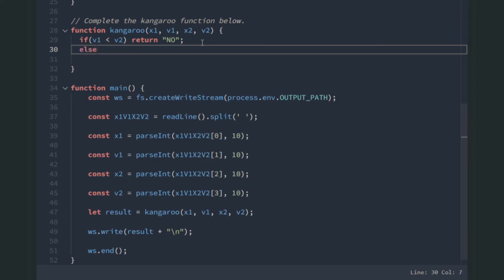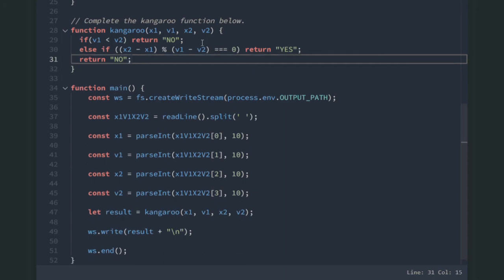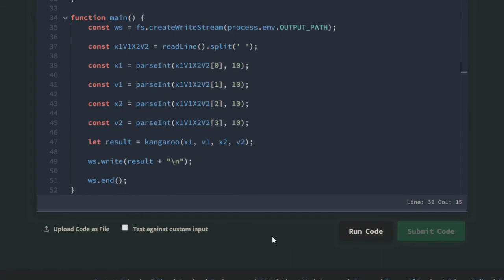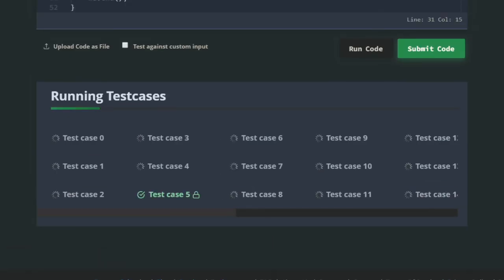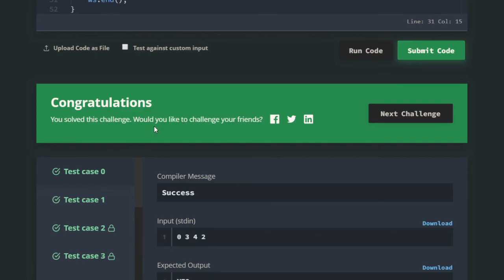So else if it equals 0, return yes. Is it all capitals? Yes. And if neither of them gets executed, I will just come here and return no. So by default, they won't match. That's it. Let's try to submit. And yes, it's correct. Okay, thank you.